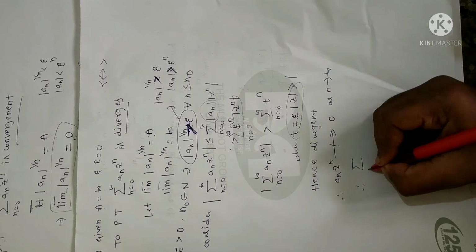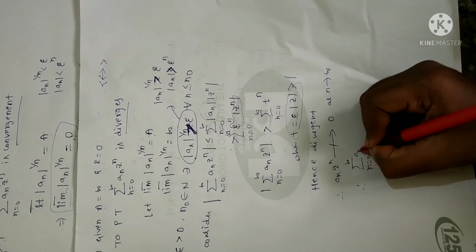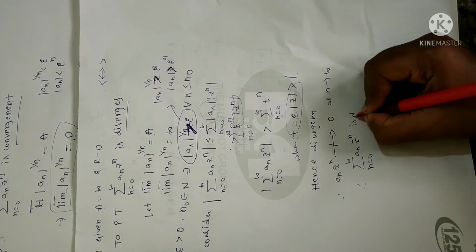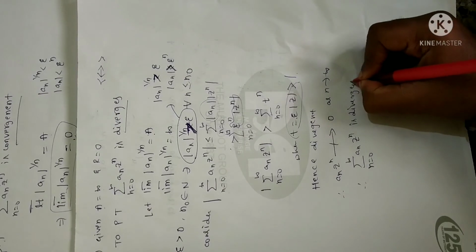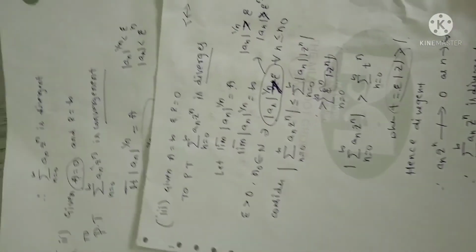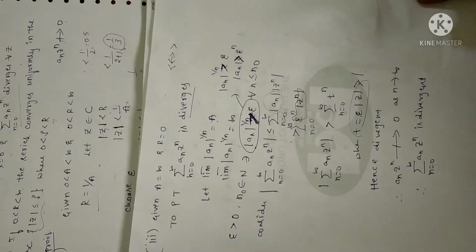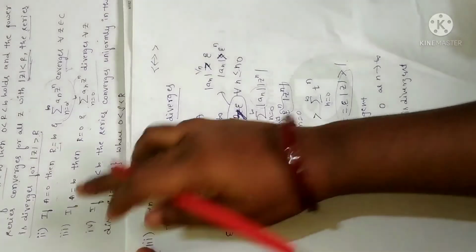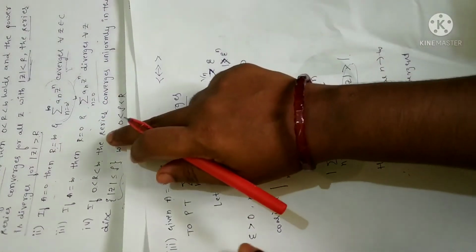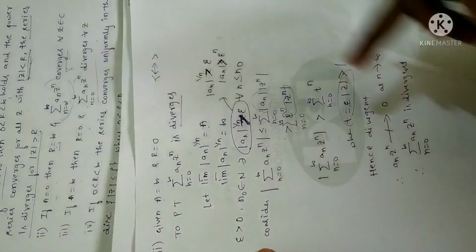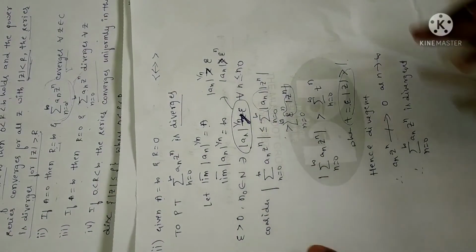Therefore, the given series summation n is equal to 0 to infinity a_n into z power of n is divergent. Divergent in the sense that it is not converging to 0. So that's all. That is what we need to prove. You have to follow the same steps as for the second proof. So this is the third one, right? When a is equal to infinity, we have to prove that this series is divergent, and we have proved that the series is divergent. Fine.